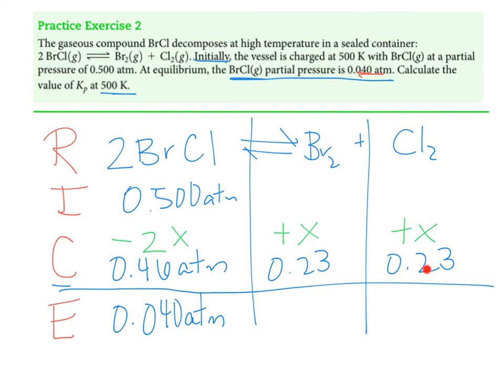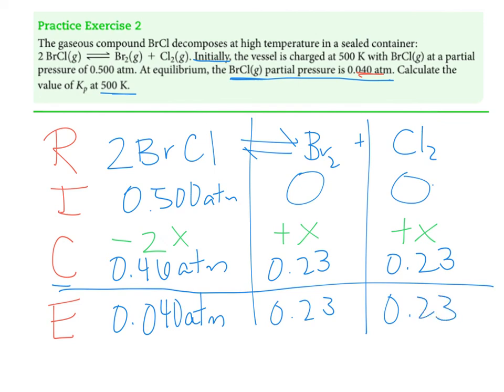So these are our changes. Now our initial concentrations of each of these are 0 because we only started with bromine monochloride. So 0 plus 0.23 is 0.23, 0 plus 0.23 is 0.23.